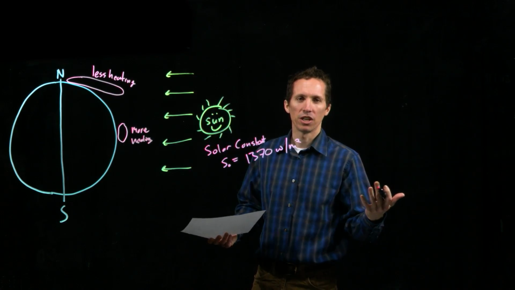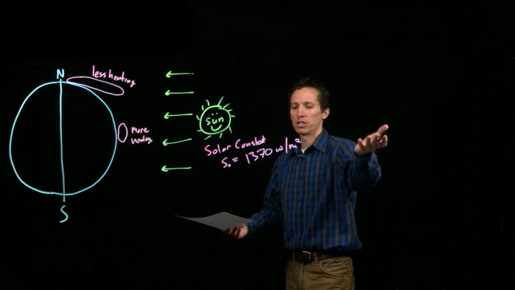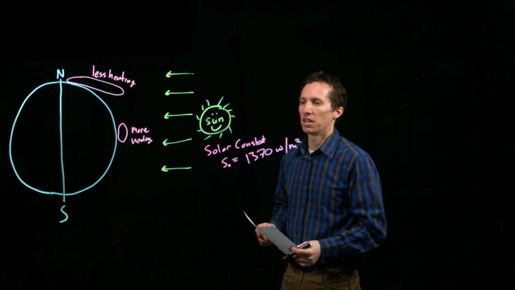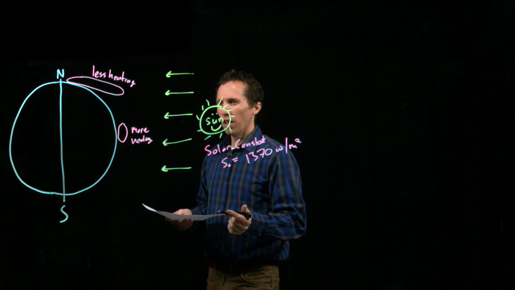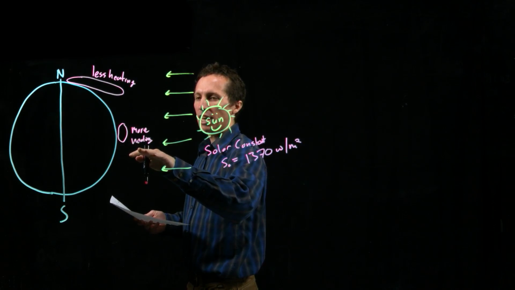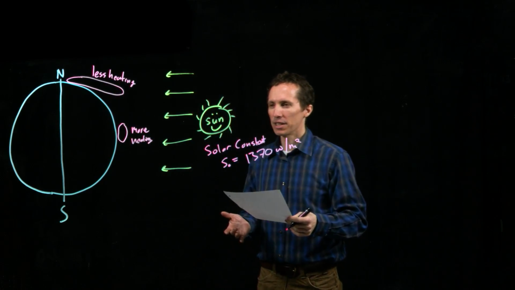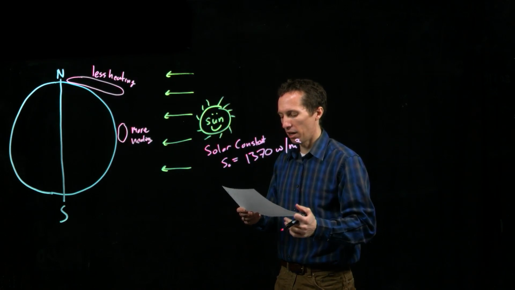That's why in the winter here in Fairbanks, the sun is at such a low angle that not much of that is actually being absorbed by the landscape. And that's why it gets so cold here. And so the issue with this is that this differential heating causes an imbalance in the planetary heat system.